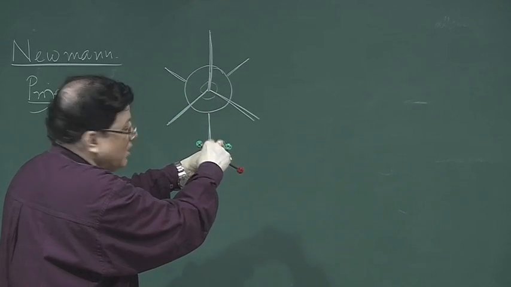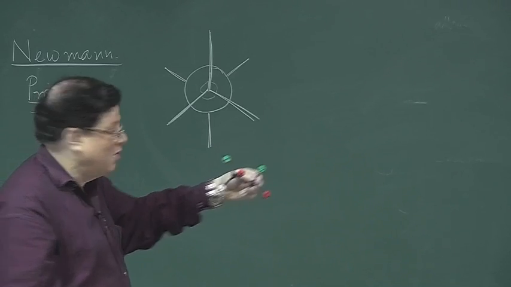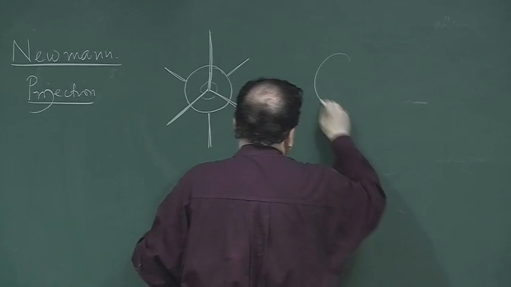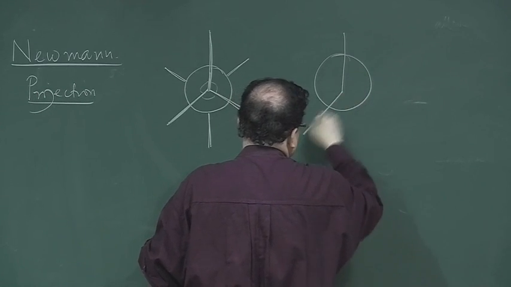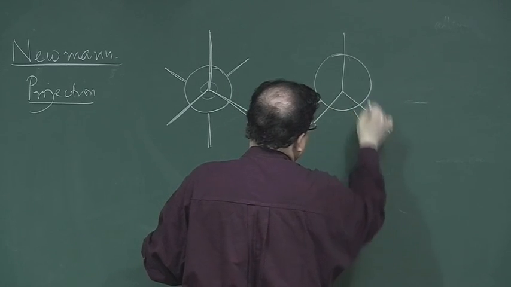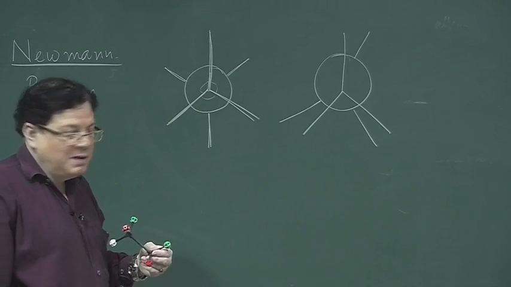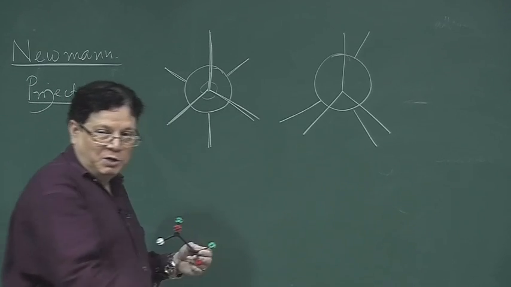There are other cases, actually there are innumerable projection formulas you can draw, for example a projection which looks like this. Say some angle is made, that is also possible, but that is also a Newman projection formula.